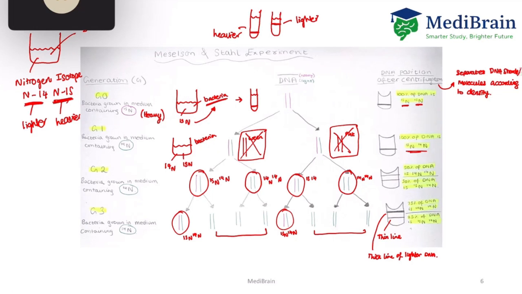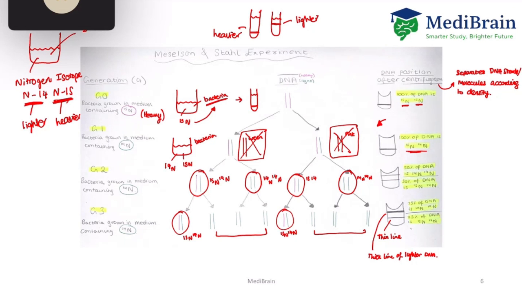The centrifugation process, the process of growing the bacteria with different isotopes of nitrogen. First of all, heavier nitrogen, and then we move on to lighter 14N nitrogen. And then we saw that if DNA replication was fully conservative, then we would not get the 100% of DNA which is the exact same in the first generation over here.